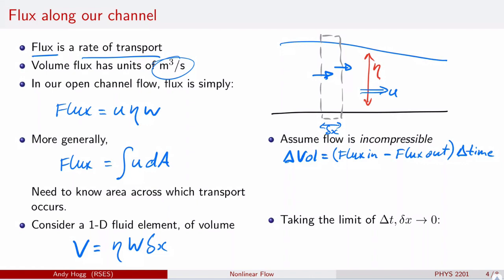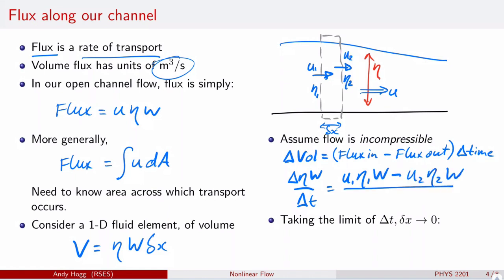In other words, delta eta times the width divided by delta t for the change in time is equal to the flux in, let's call that u1 eta 1 times W, minus the flux out, let's call that u2 eta 2 W, and we're going to bring our delta x across to the right hand side.